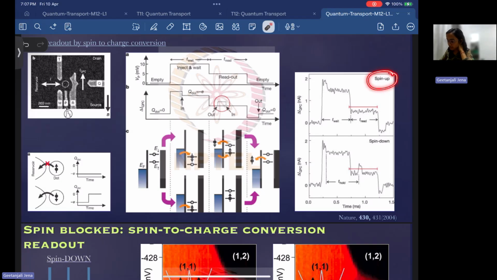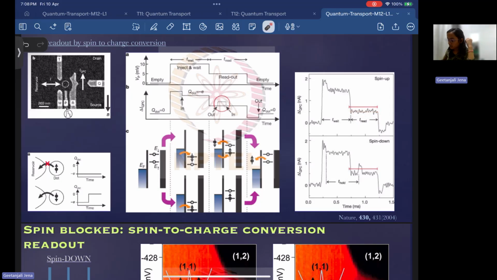Now if you look at the spin up state, if you consider that the electron was in the spin up state, in the readout region we can see that it's not possible for the electron to tunnel out of this quantum dot. It's because the level is below the Fermi level. So that is why in the readout time, we see that it is almost constant.